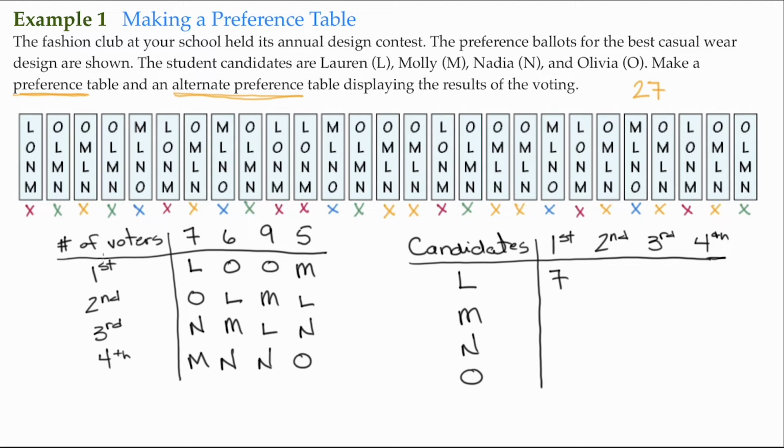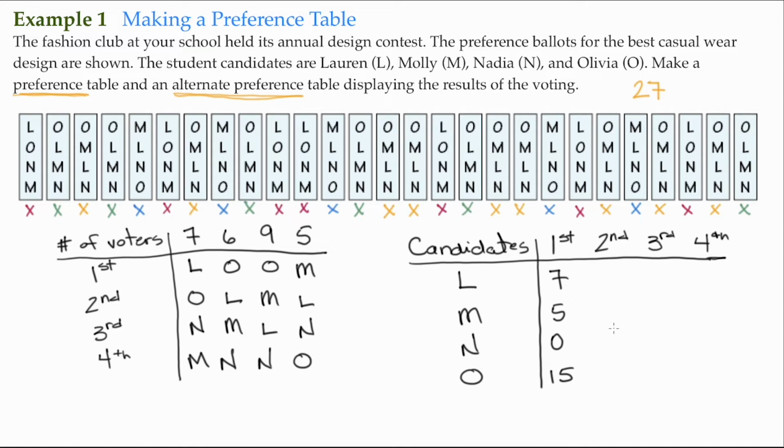Molly, how many first place votes did she get? She got 5. Nadia, how many first place votes did she get? She didn't get any. So I'll put in 0. And then Olivia, how many first choice votes did she get? Well, she got 6 and 9, and 6 and 9 is 15.